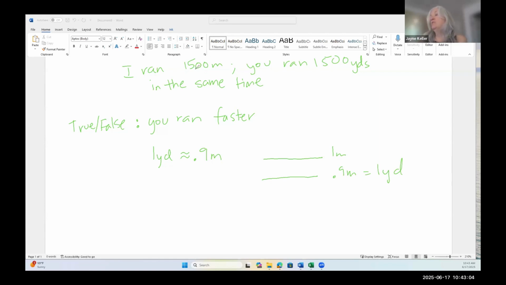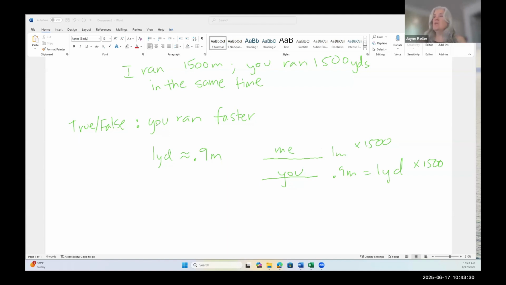And the same would be true for the 1,500 meters, right? This would just be times 1,500, and this would just be times 1,500 of these. So in other words, I ran faster, right? If I cover more distance in the same amount of time, I ran faster. So this does not make sense, does it? Okay.